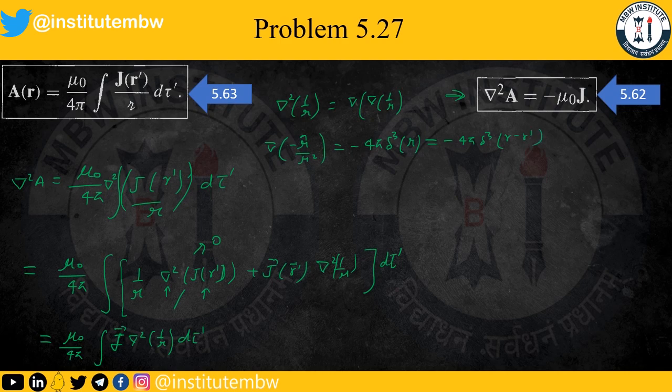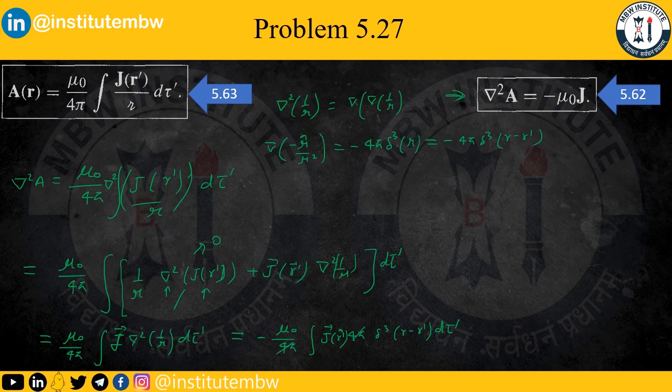So when I integrate it, that mu naught over 4 pi, I told you the property, right? Use this property. You have to use the Kronecker delta property, that J vector, that minus will be outside of the integral. So 4 pi del cube r minus r dash d tau dash. So let me write it properly, that is r dash vector. So 4 pi will cancel out.